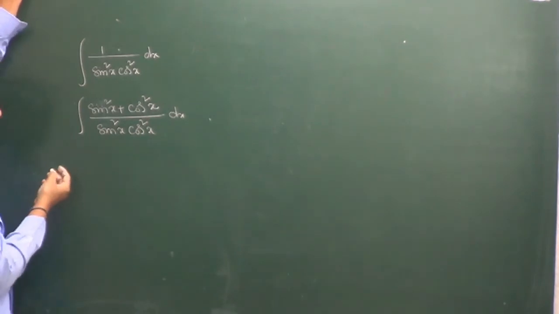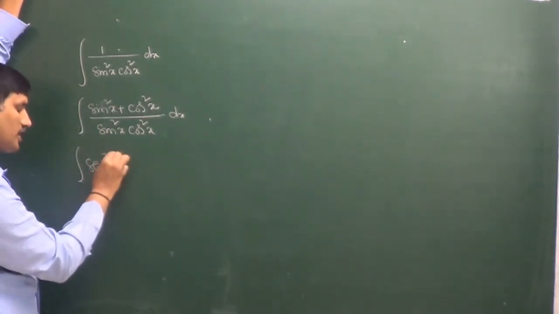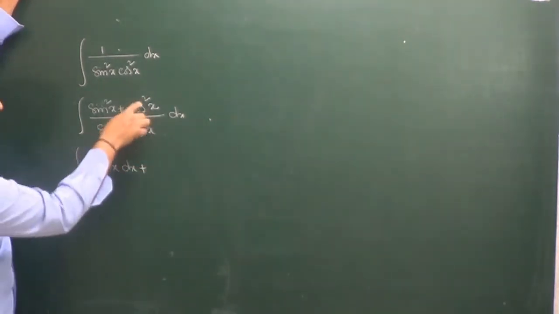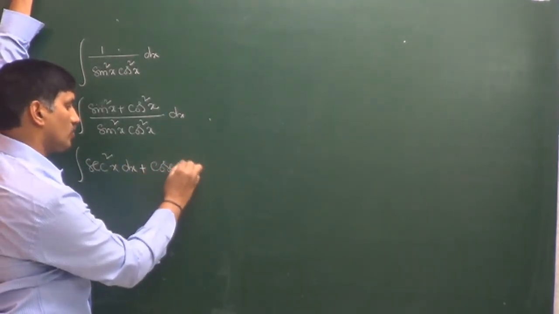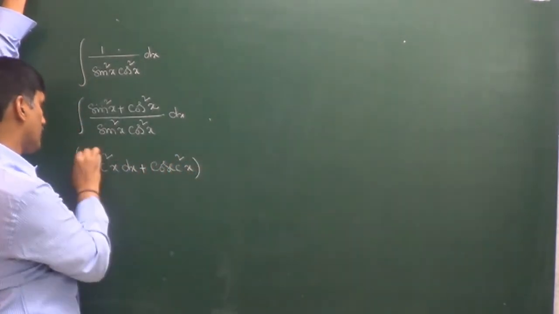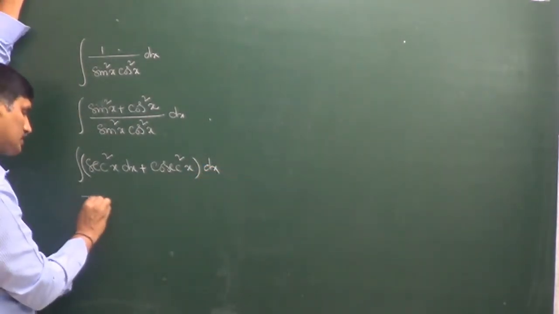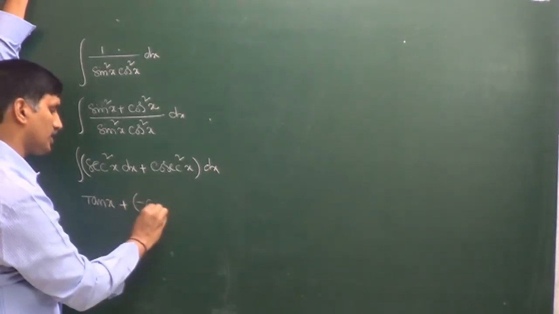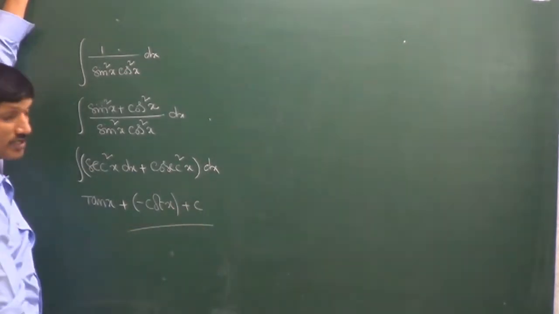Now separate it. Sin square x cancels. That's why 1 by cos square x we can write as secant square x, plus cos square x cancels, 1 by sin square x we have to write as cosecant square x dx. Now the problem is over. Integration of secant square x we can write as tan x, plus cosecant square x integration is minus cot x plus the constant of integration.